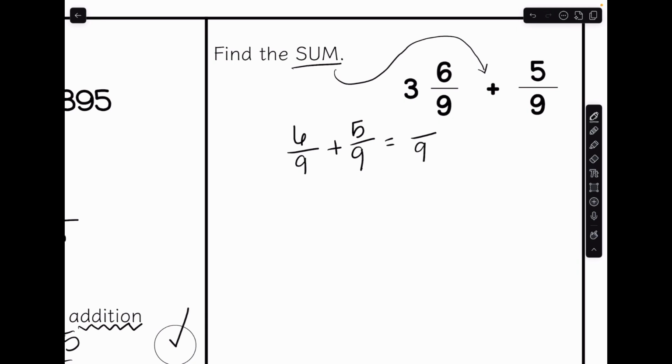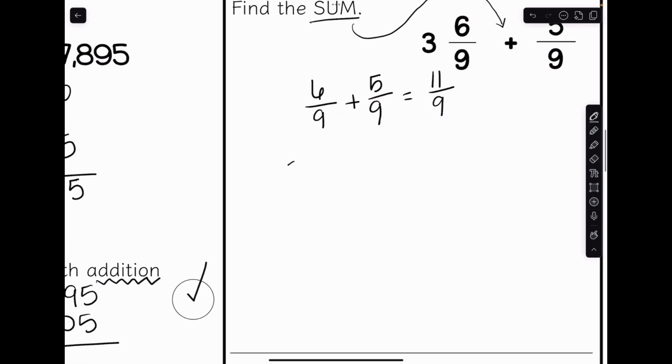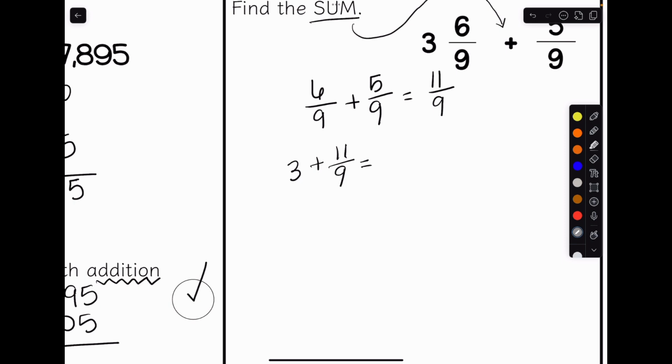And 9 plus 5 equals 11. Okay, so we're going to rewrite it just to keep it organized. We have 3 plus 11/9. But do we realize something right here? Yes, we should. That fraction is greater than 1.